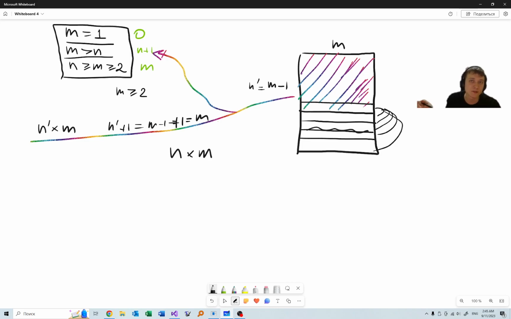And if n prime would be 0, then we couldn't duplicate a row, because there would simply be no rows. So it is important that m is at least 2. So definitely you can get the answer m.